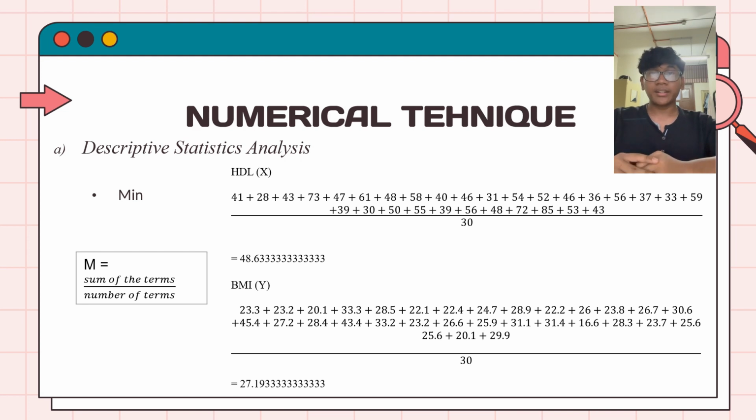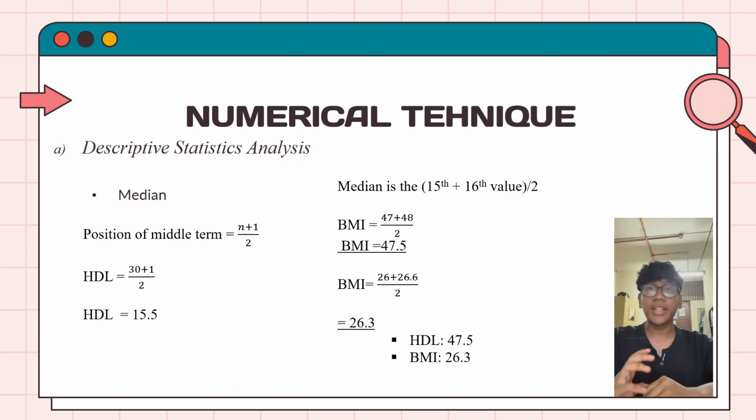For the median value of HDL and BMI, the position of the middle terms within each dataset is calculated using the formula n plus 1 divided by 2. For HDL, with dataset size of 30, the middle term position is at the 15.5 position. Therefore, the median is calculated as the average of the 15th and 16th value, resulting in the median HDL of 47.5.